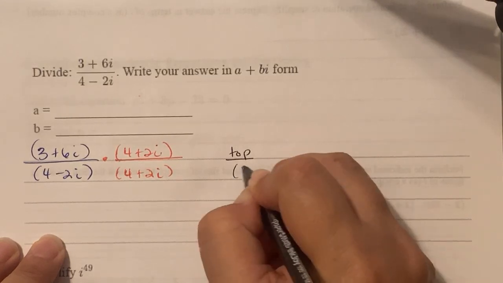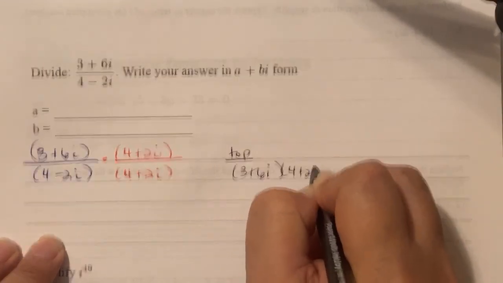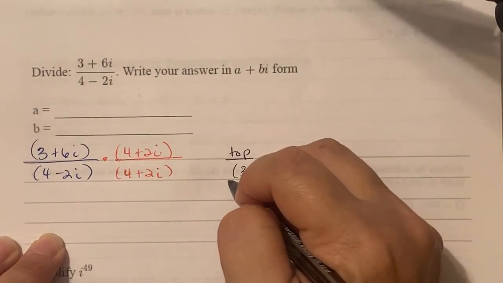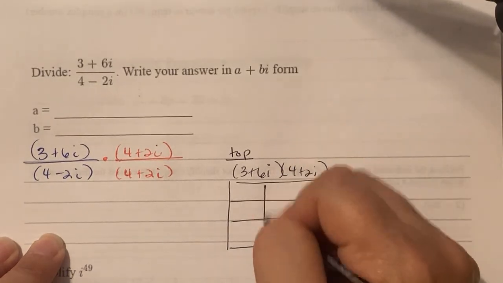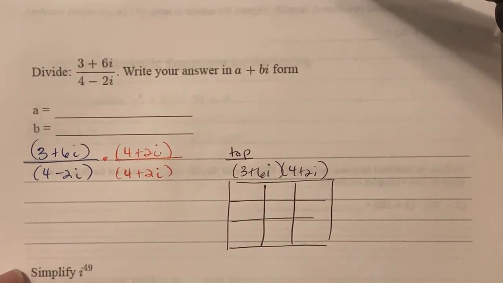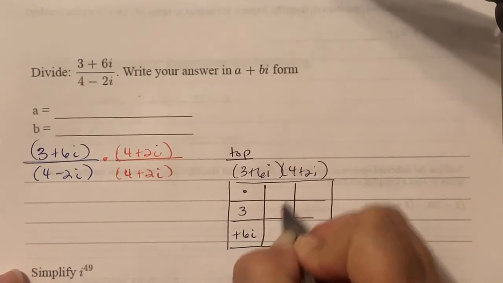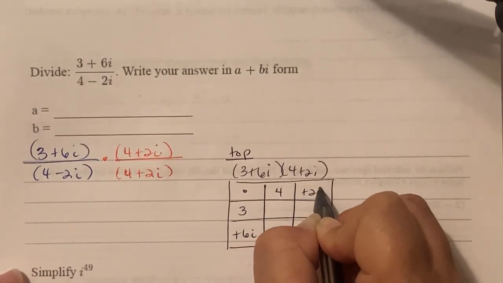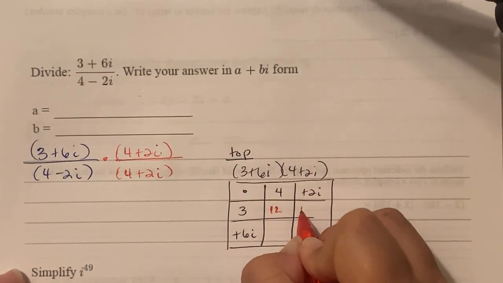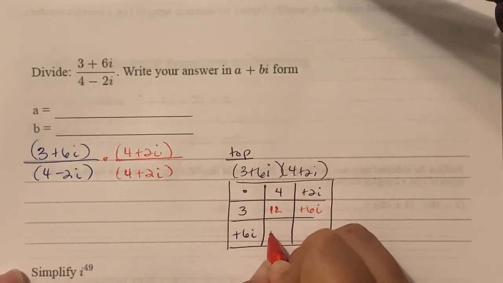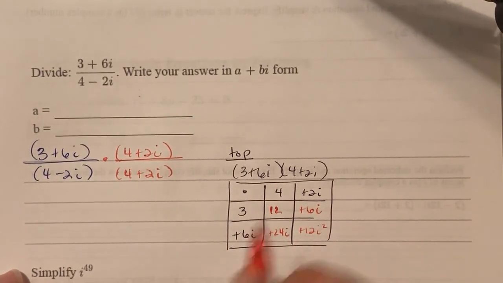So we see 3 plus 6i times 4 plus 2i. I'm going to use the box method. Put multiplication dot. So we have 3 positive 6i, 4 positive 2i. So we multiply. This is 12. This is positive 6i, positive 24i, positive 12i squared.